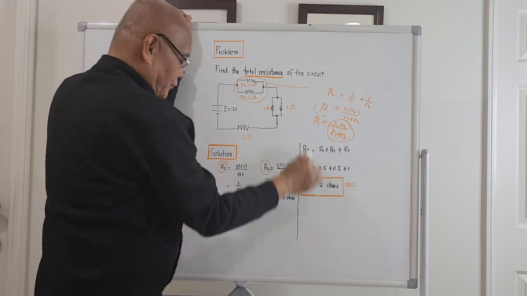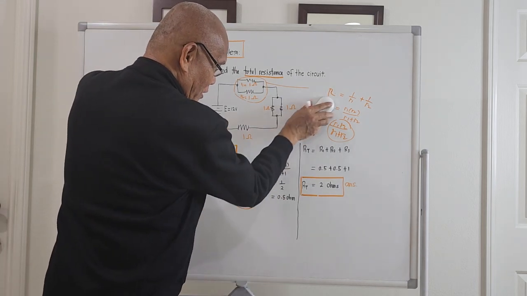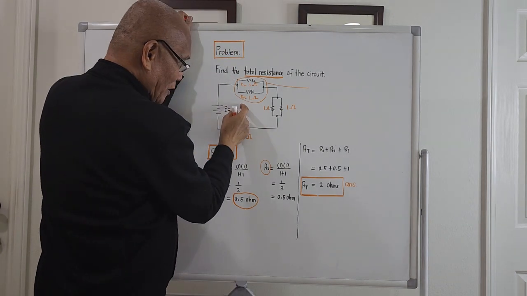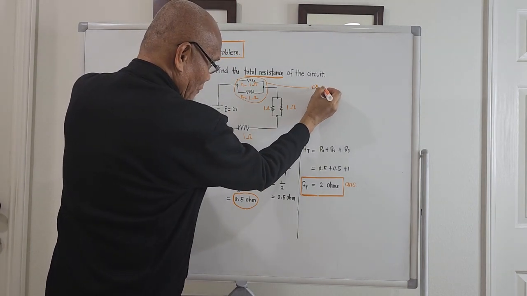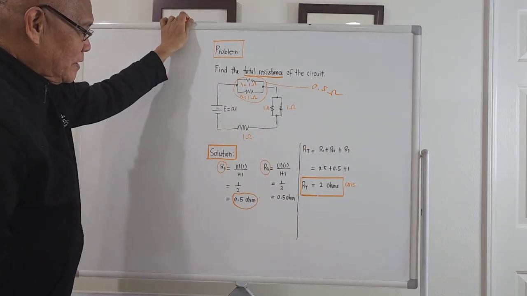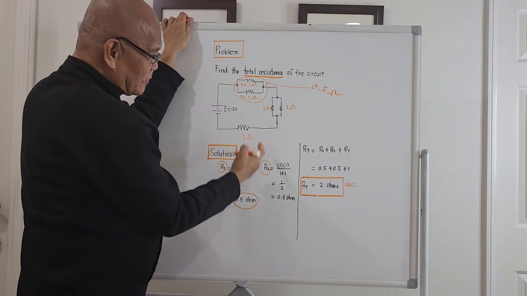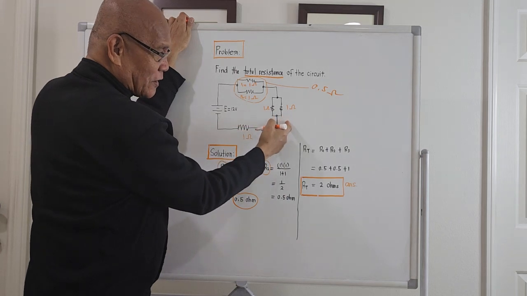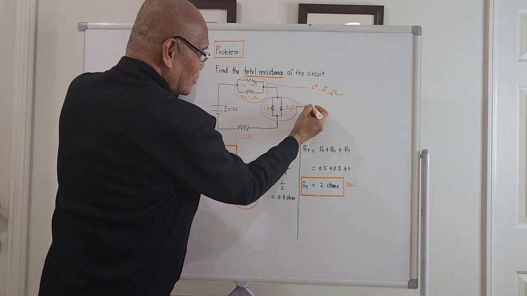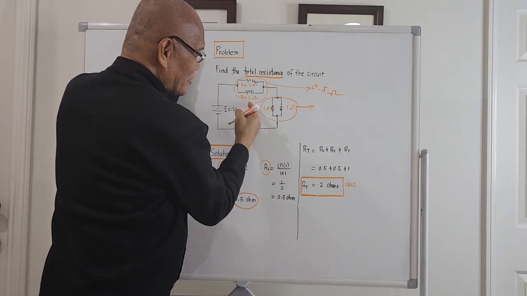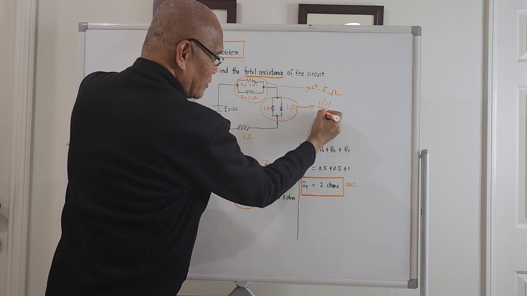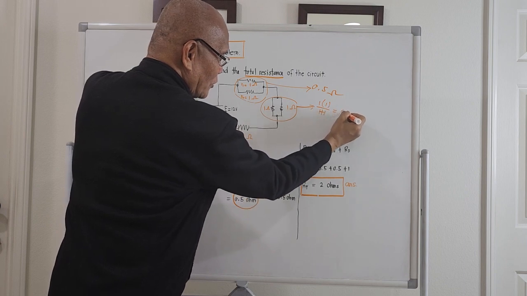Okay? I will erase this one. So the compressed equivalent of this one is just 0.5 ohm. And these two here are also in parallel. If I take the compressed equivalent of this one, it will be the same as this one: the product of 1 times 1 over 1 plus 1, which should be equal to 0.5.